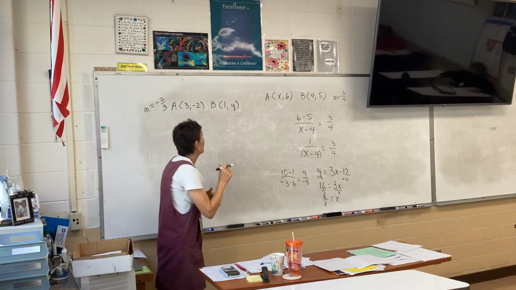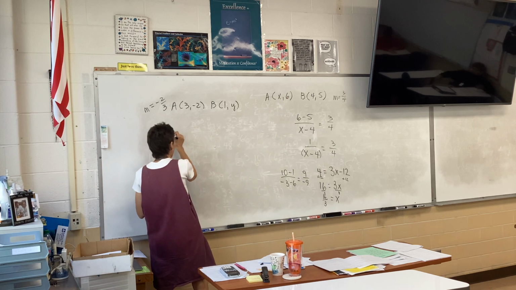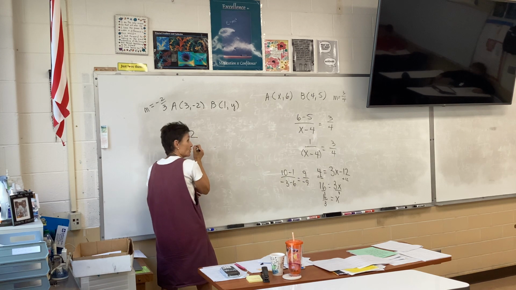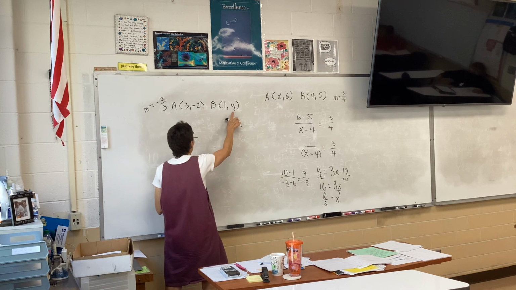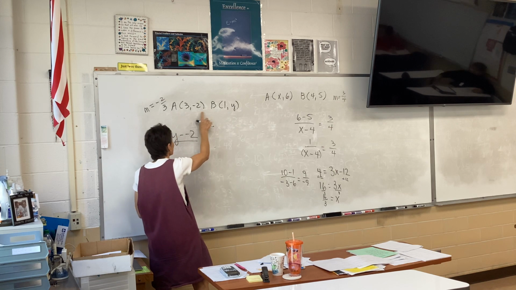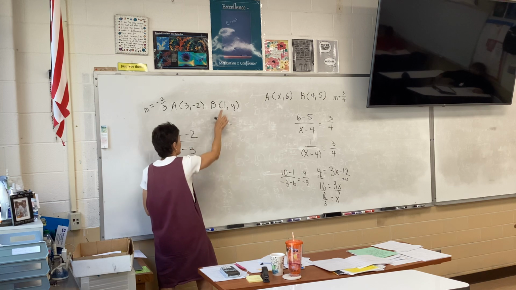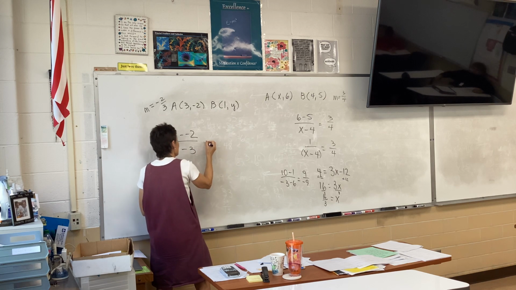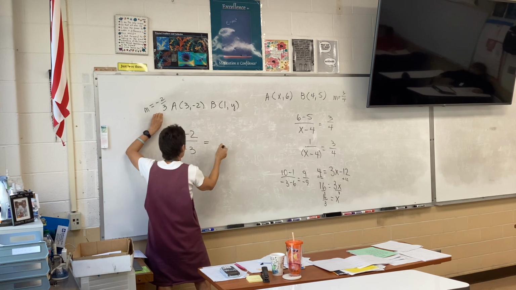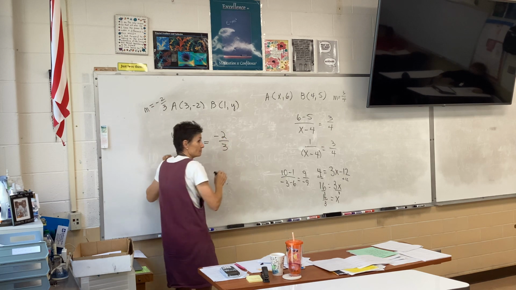Y minus 2. Okay, actually it would be y minus -2, so y minus -2 over 1 minus 3 equals -2/3.